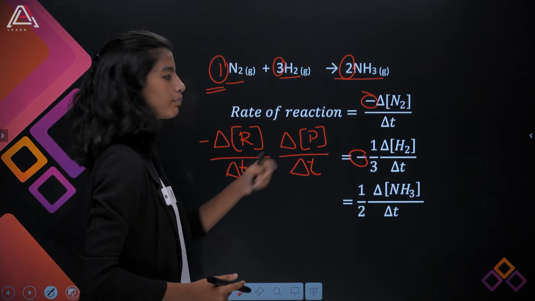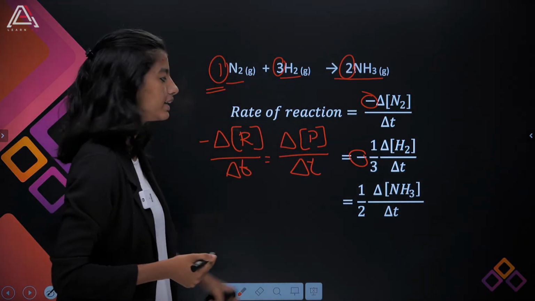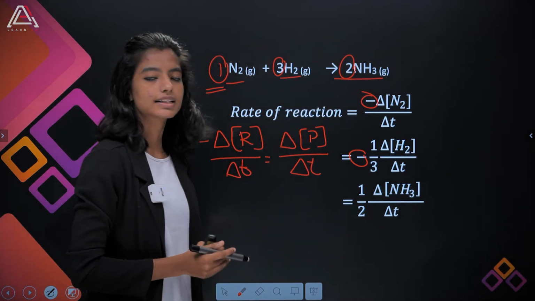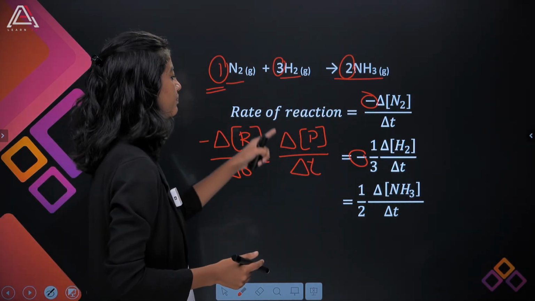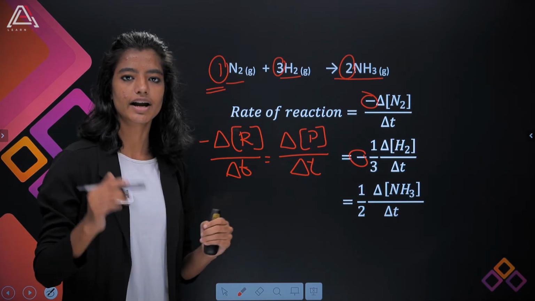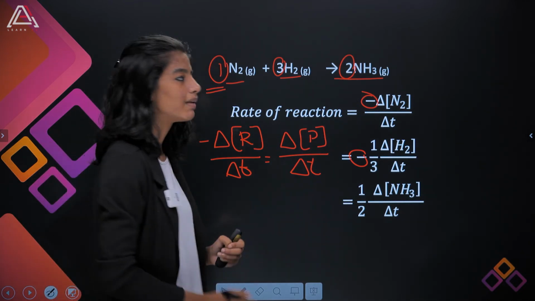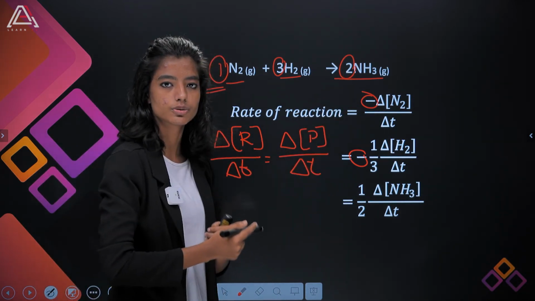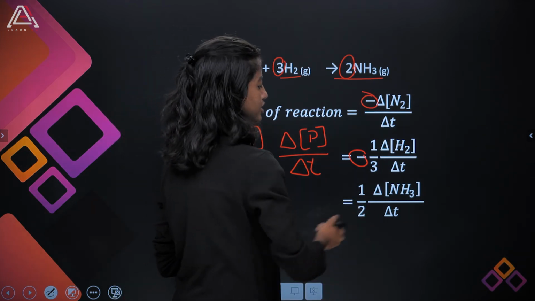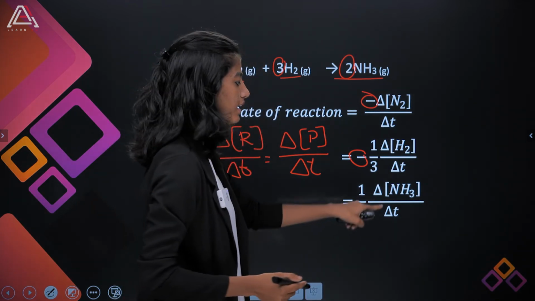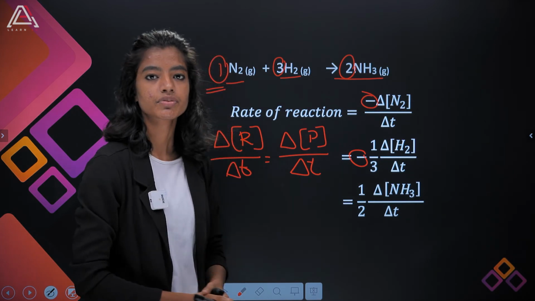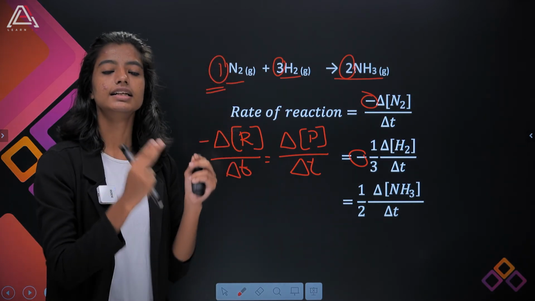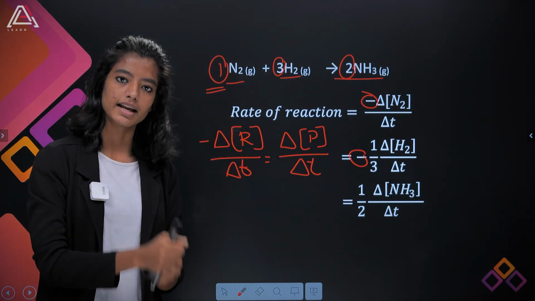The next is the product, delta P divided by delta T. So the product here is NH3. It will become delta NH3 divided by delta T divided by its stoichiometric coefficient 2. So it will become 1 by 2 delta NH3 divided by delta T. This is how we will calculate the general rate of a chemical reaction.